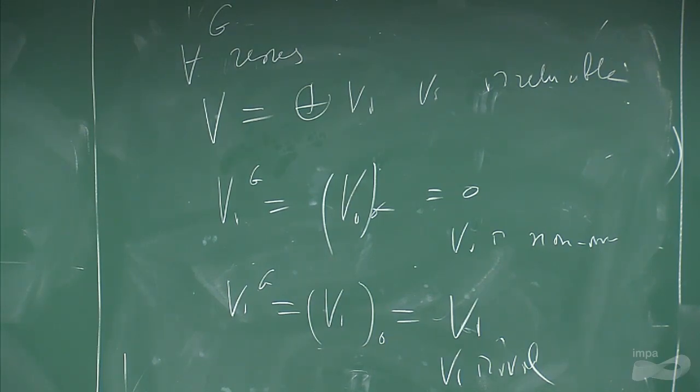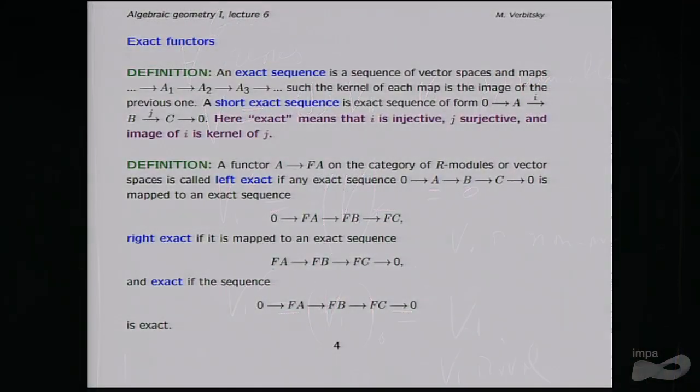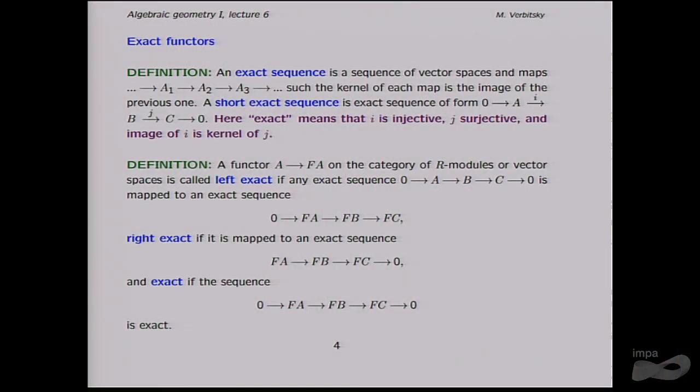Okay. Now, exact functors. Something we shall use every time, and if you do algebraic geometry, this is a central notion, in fact, for the whole algebraic geometric business. It's due to Grothendieck, obviously.